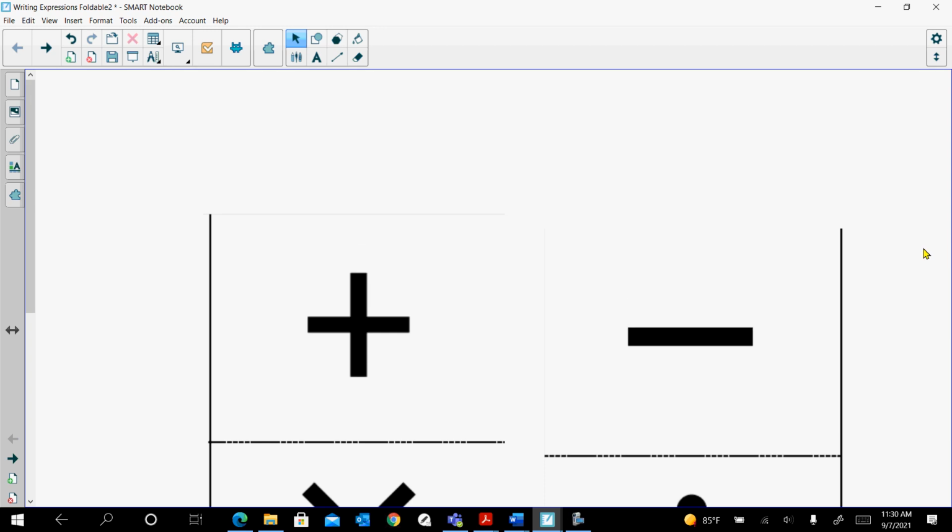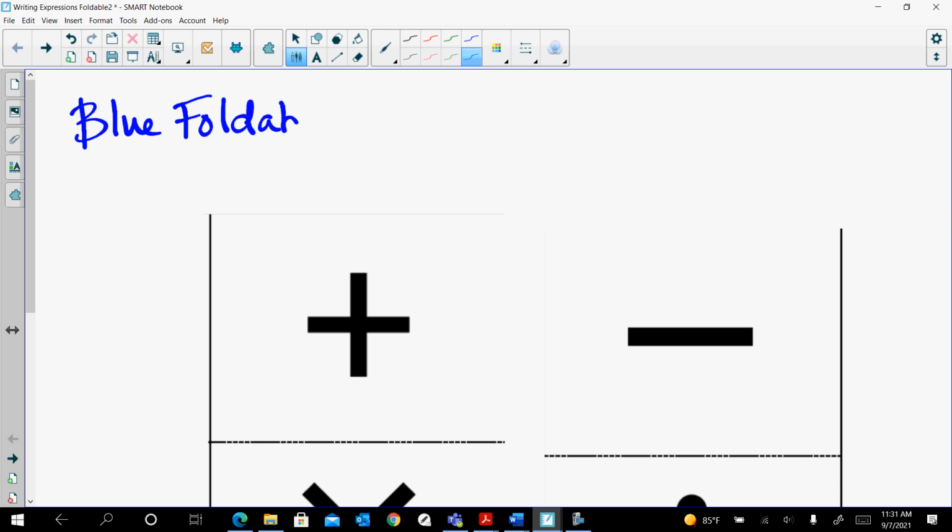Okay, so after homework 8, where's my pen? Title, this page will be blue foldable. And it's going to be not a mechanical.